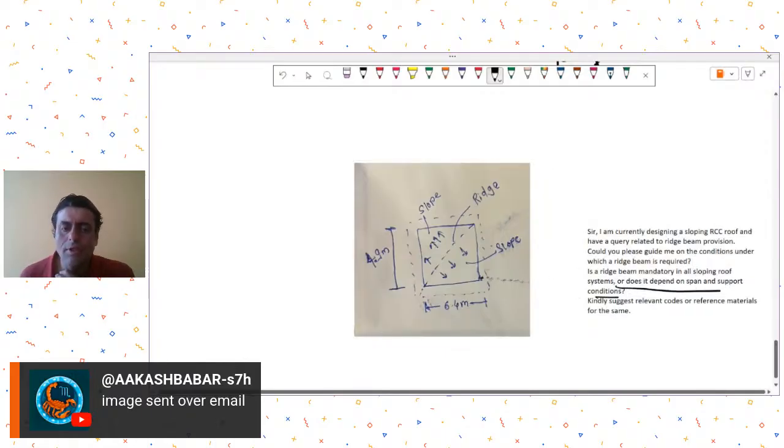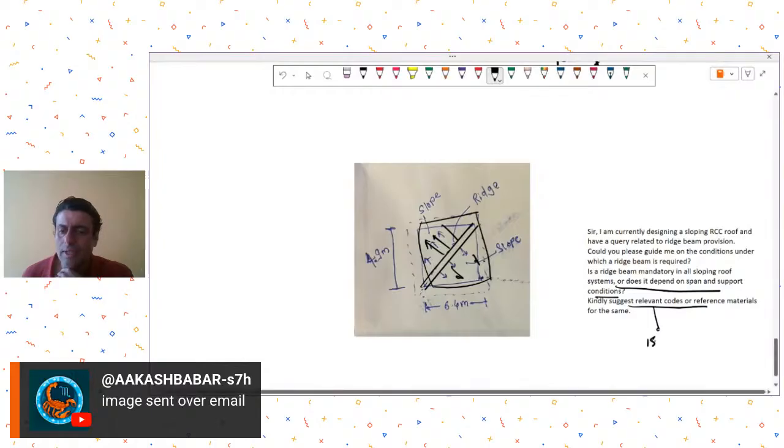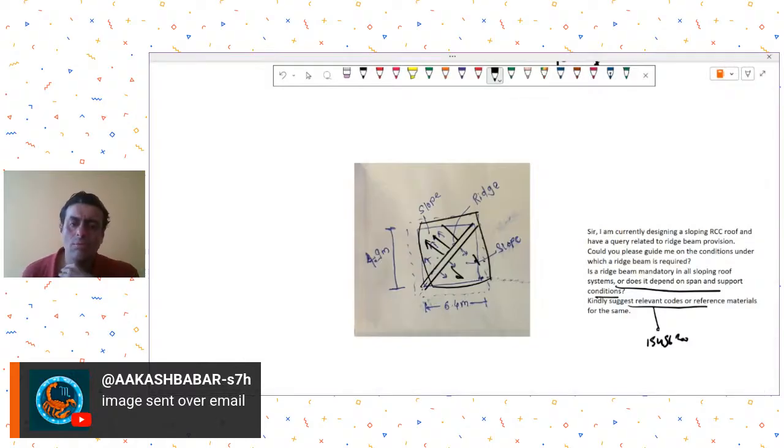Yes, obviously it will depend on span and support condition, but it is always good to have a ridge beam like this. You may have a ridge beam and then provide sloping slabs on either side, and maybe here also you have beams. Kindly suggest relevant code. There's only IS 456, the concrete design code. There cannot be a code for everything, so you just need to follow the basics of RCC concepts.